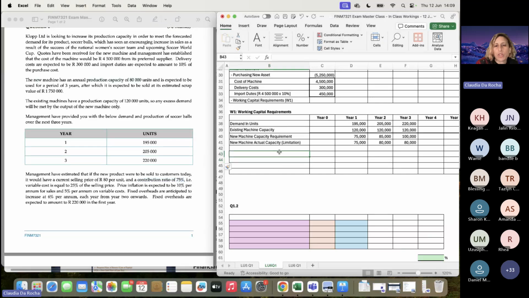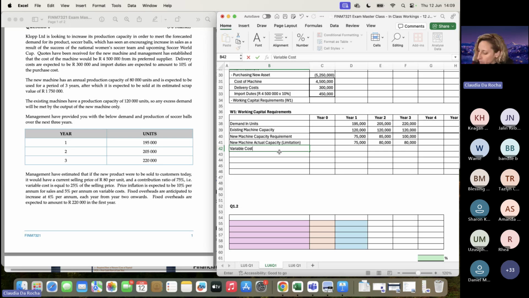So we need to include our selling price, because we have to calculate what our variable costs are going to be. So let's rather do that: our variable costs per unit.